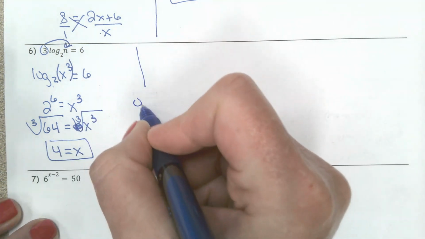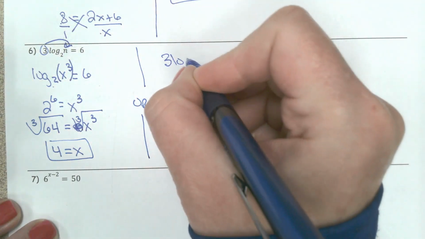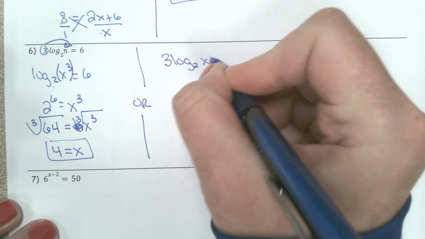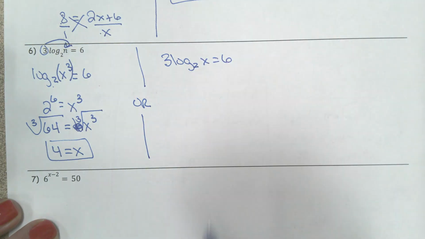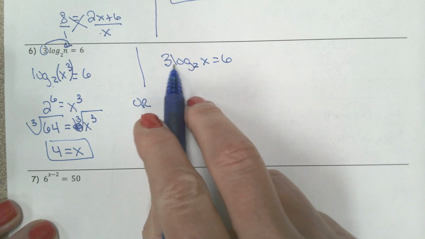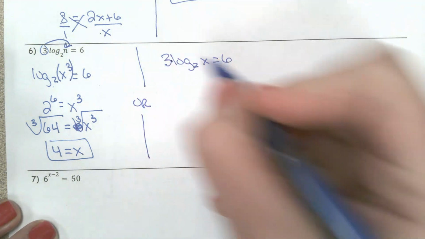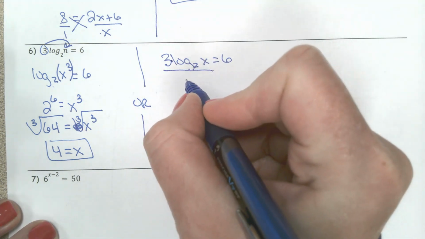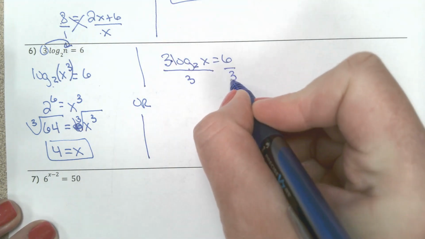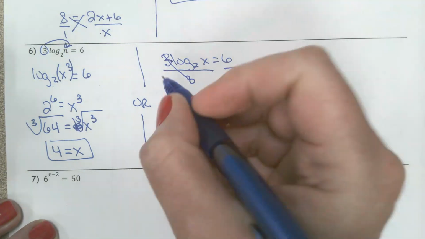Or, let me show you another approach. 3 times log base 2 of x equals 6. So when you have a plain old number over here, and right here this is multiplication, that says 3 times the log. It would be okay if you divided both sides by 3 to get rid of that coefficient.